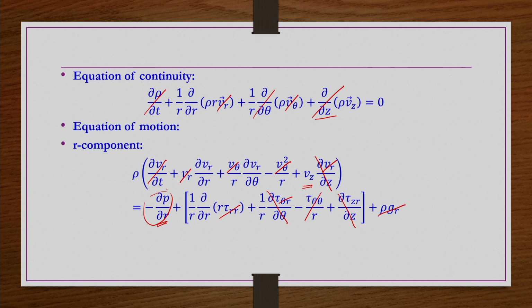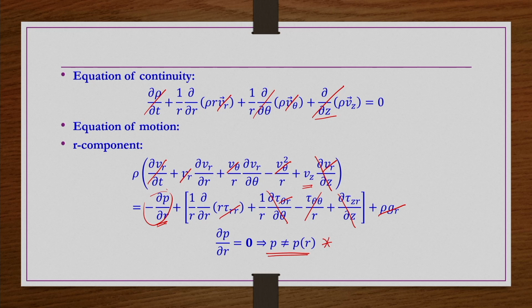So, what are we finding by simplifying this r component of the momentum equation? We find that dou p by dou r is 0, that means pressure is not a function of r. This is what we understand by simplifying the r component equation. It depends on the problem. For some other geometry or problem, when you simplify the r component of the equation, you may have additional terms.